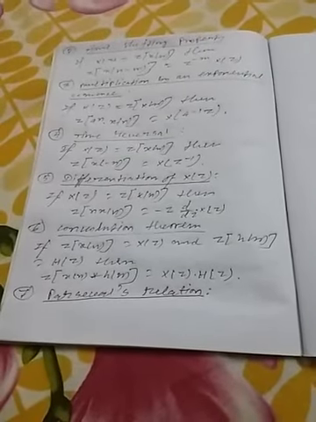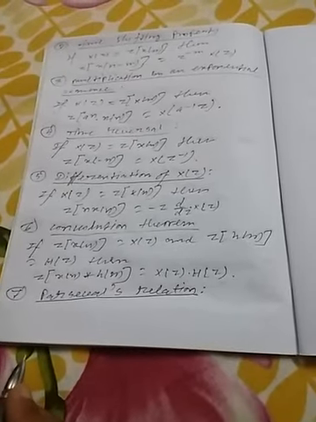Now number 7 is Parseval's relation. What is that?